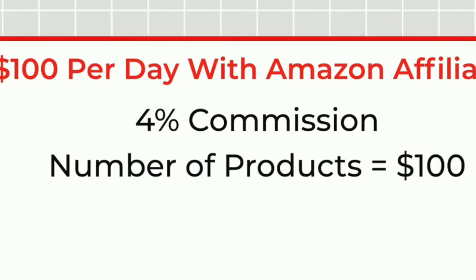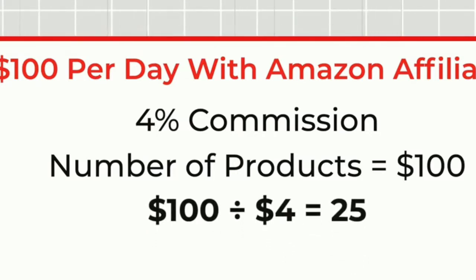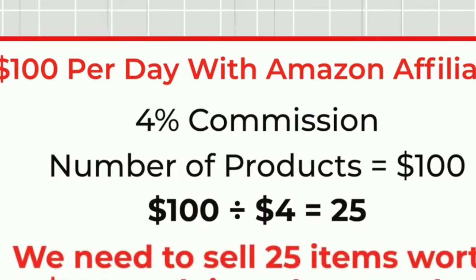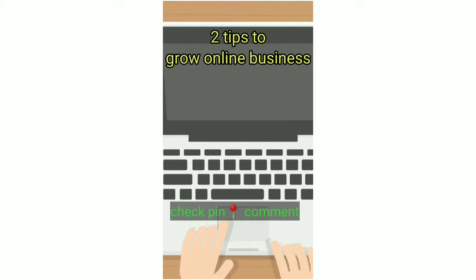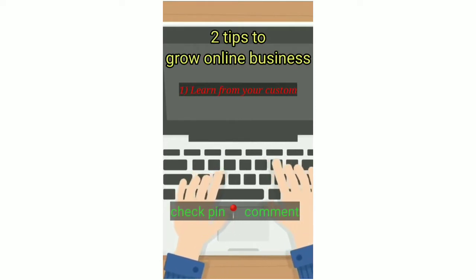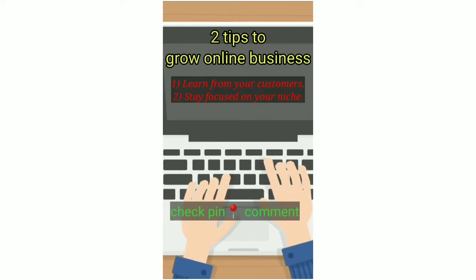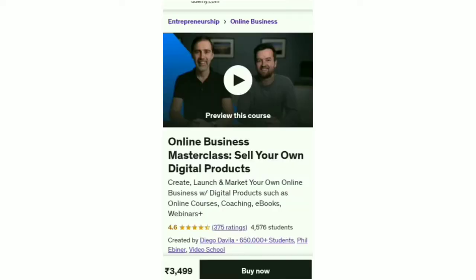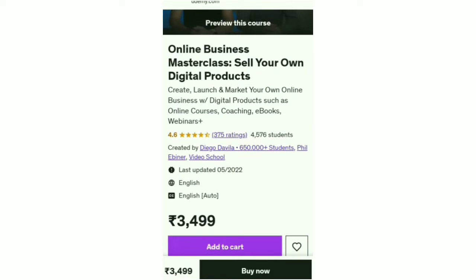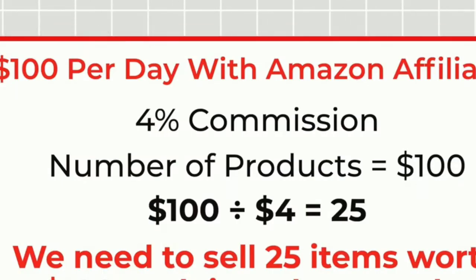So what we do is we take $100 and we divide it by $4, which gives us the number 25, which tells us that we've got to sell 25 $100 items at 4% commissions in order to make $100 per day on Amazon.